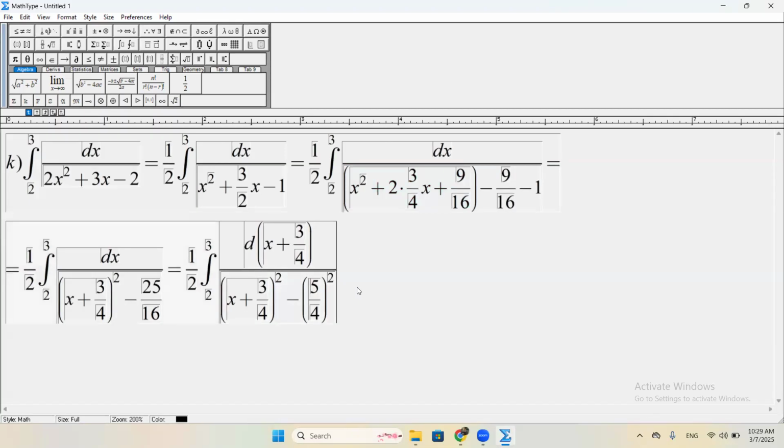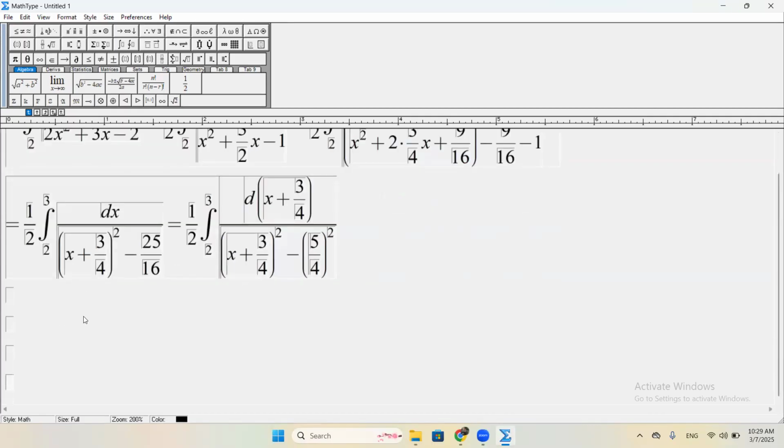So now we need to calculate. We have almost a table integral: the integral of dx over a squared minus x squared equals 1 over 2 logarithm of a plus x over a minus x plus c.